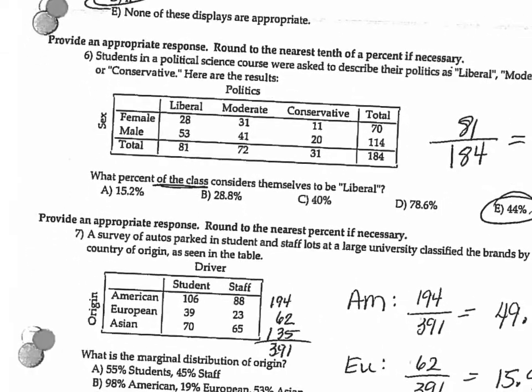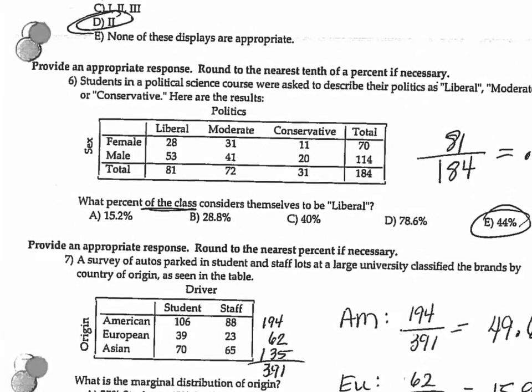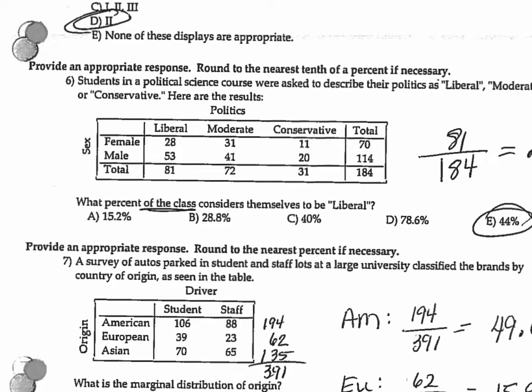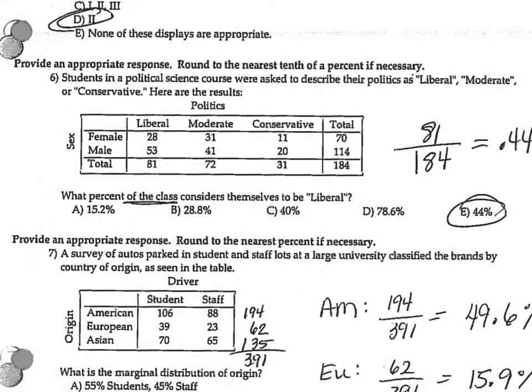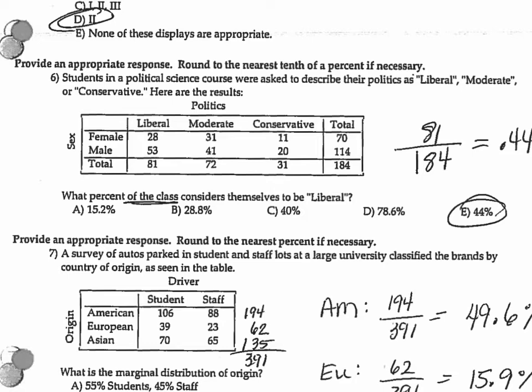All right. Next, number 6. So now we're getting into this marginal and conditional stuff, or just figuring out percentages that it asks. So here we go. With this first one, what percent of the class considers, once you hit that verb, you now are talking about the numerator.